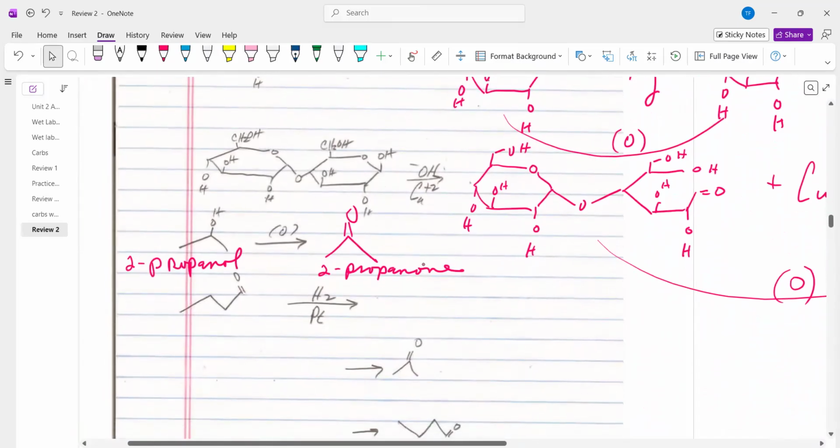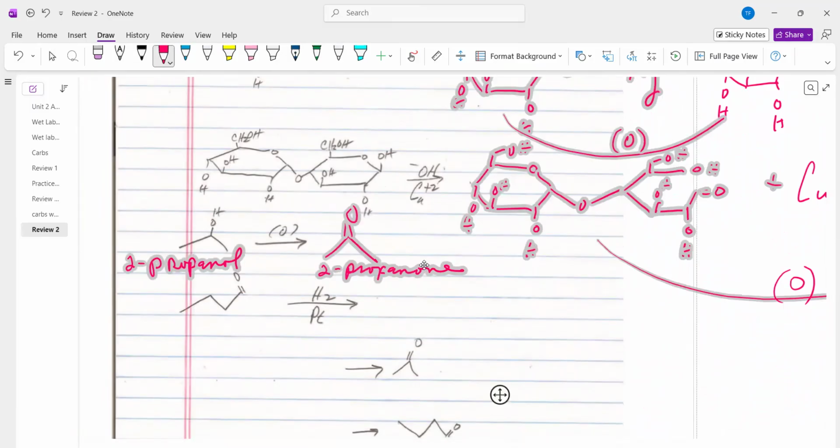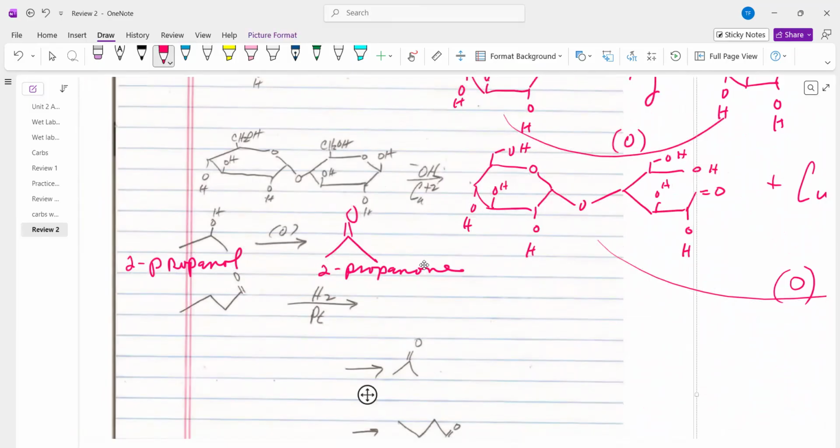So here we have an aldehyde being reduced in a hydrogen environment. So this is going to be butanal. It's going to go to butanol.